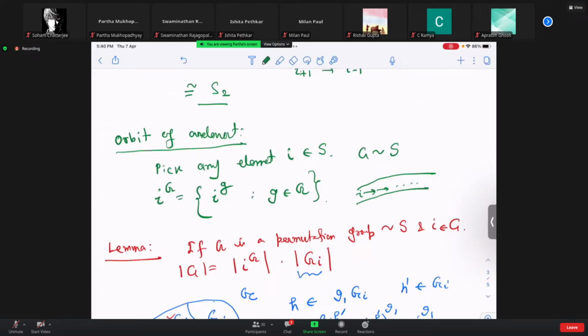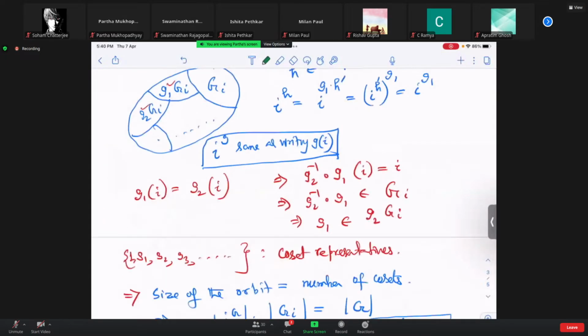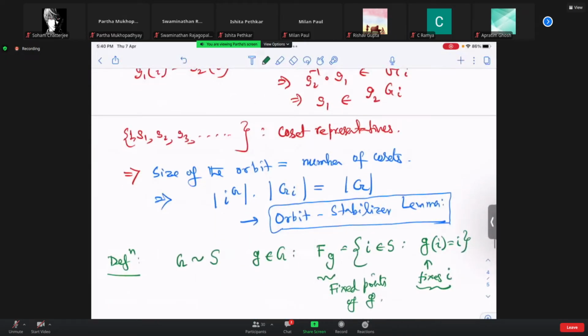That's the orbit. And the third concept is, given an element, you can define its fixed points. That set is denoted as F_G. And there is this nice relation, the orbit stabilizer lemma, which shows that the cardinality of the orbit times the cardinality of the stabilizer is the size of the full group.